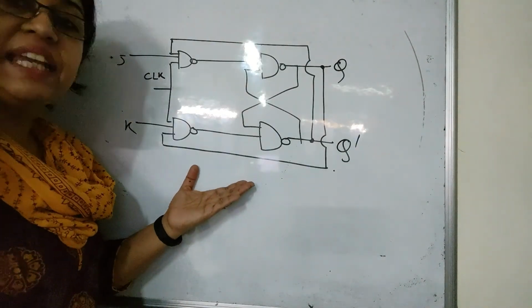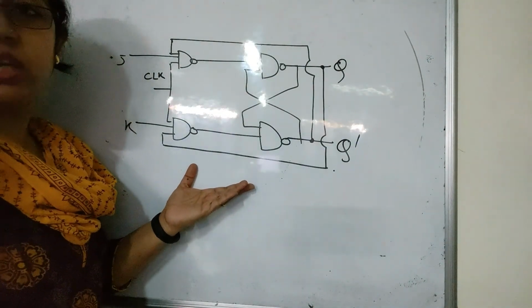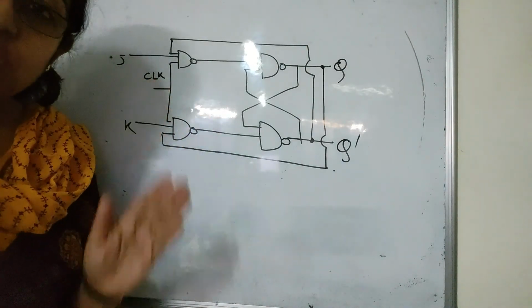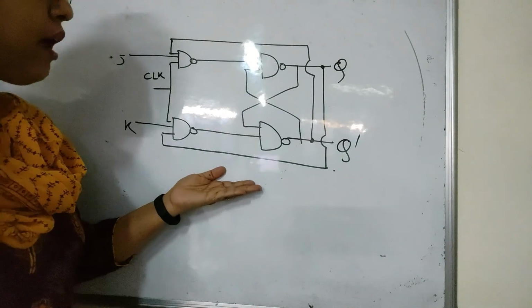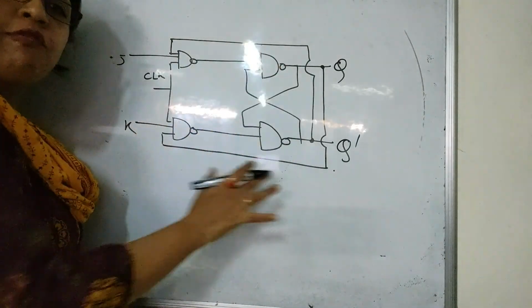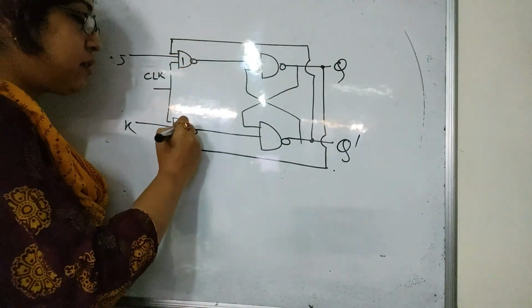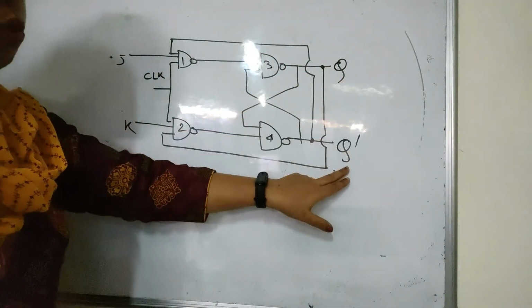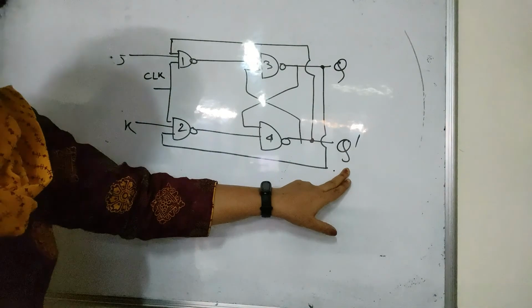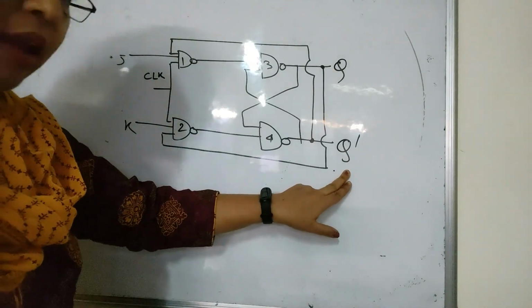This is the NAND gate diagram of JK flip-flop. The truth table remains exactly the same. The diagram contains 4 NAND gates. Position of the Q and Q dash is reversed compared to the NOR gate diagram.